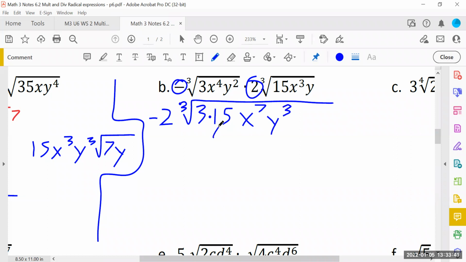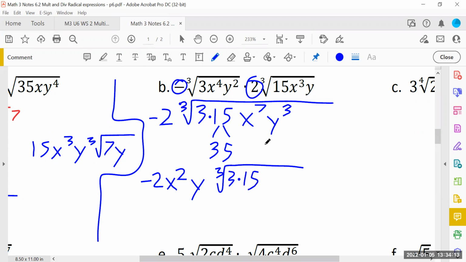So the 3 and 15, 15 does have a 3 in it, but I don't have 3 3s. Does that make sense to everybody? I actually can't take out any numbers from this one, but I can take out some x's. X to the 7th has 2 sets of 3. So I can take out 2 x's, -2x squared can come out. And 1 set of y's can come out because I have y to the 3rd power. However, left inside that cube root, I still have the 3 times 15.